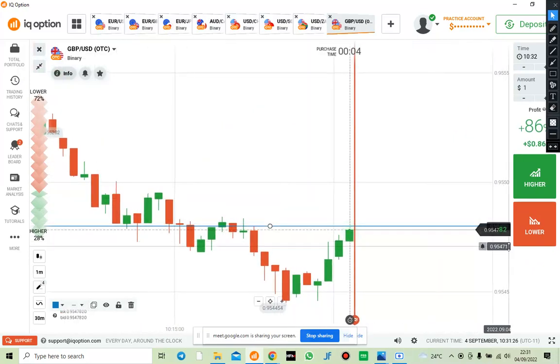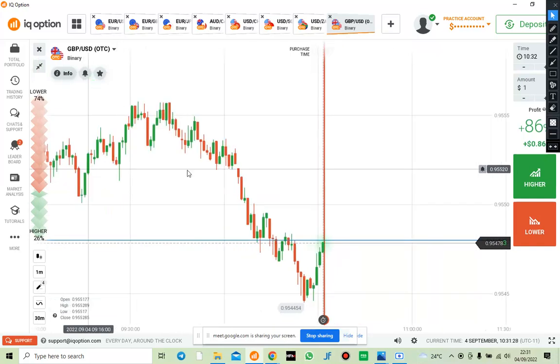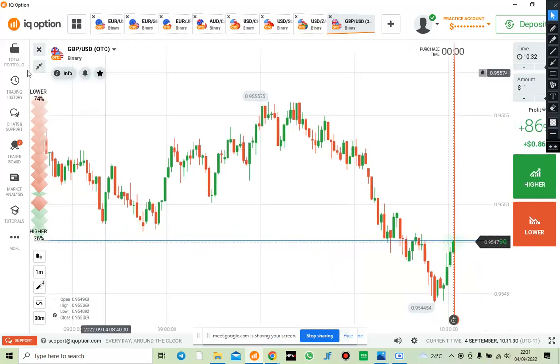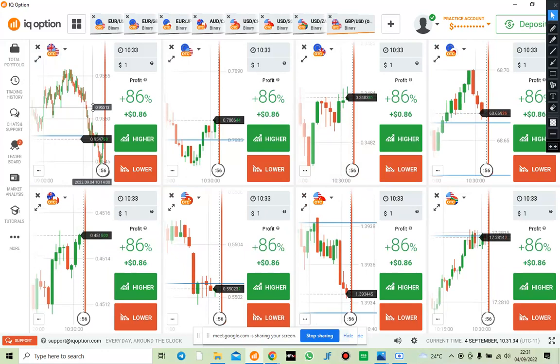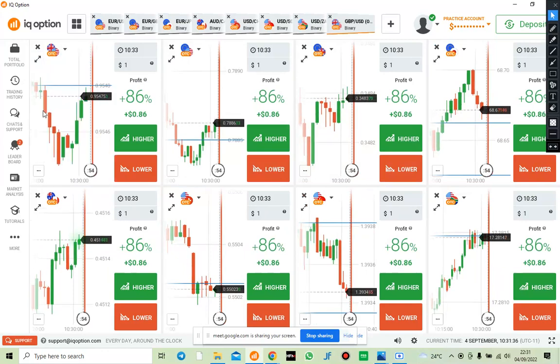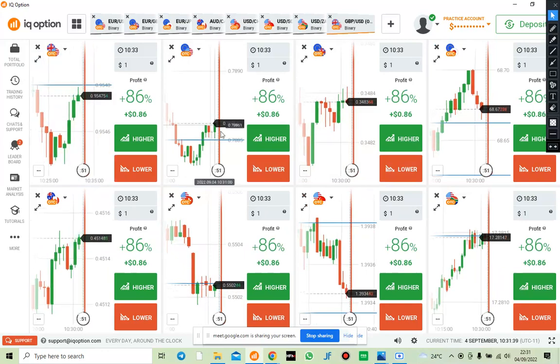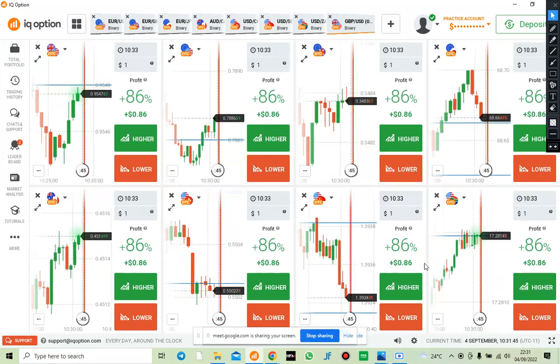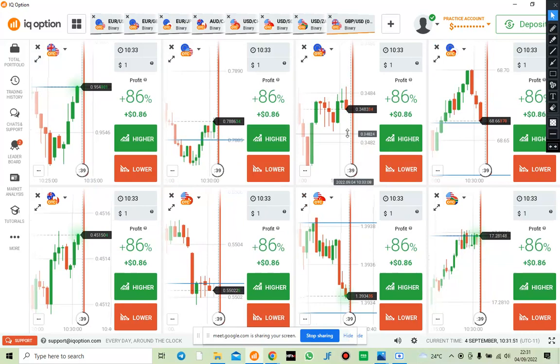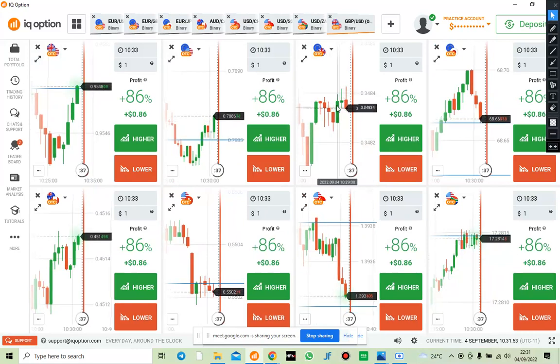On the left side is also a round number. Okay, the market is reversing here, and this is a round number.